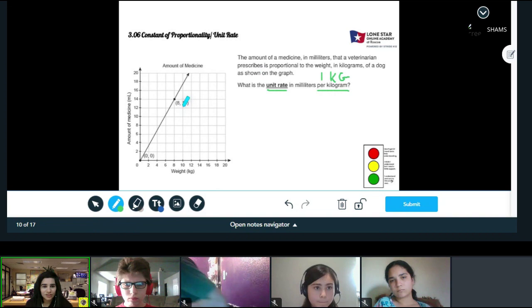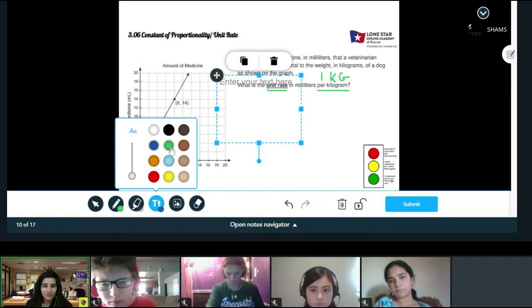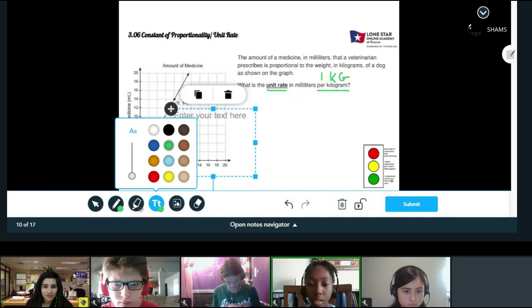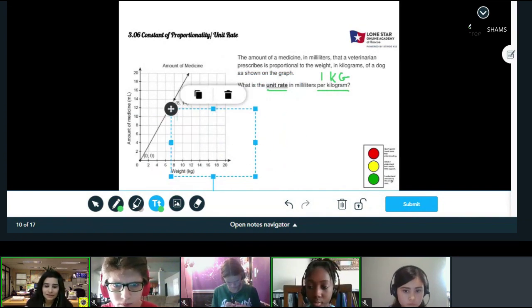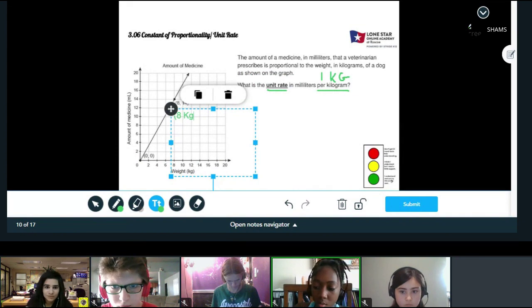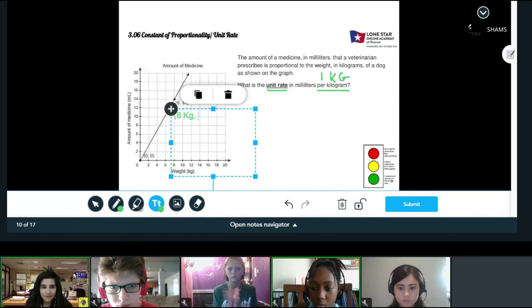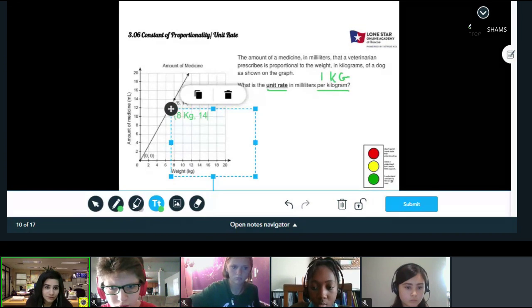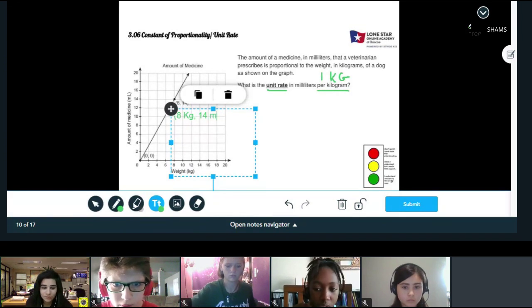I will write down what this point means. I know it is 8 and 14. So I will write down what this point means to me. Okay, I will read it. The 8 represents weight in kilograms, right? And 14 represents the amount of medicine in milliliters. So here we go.